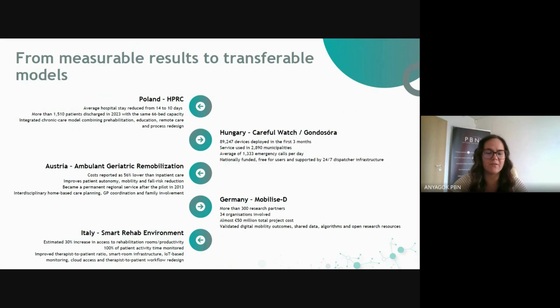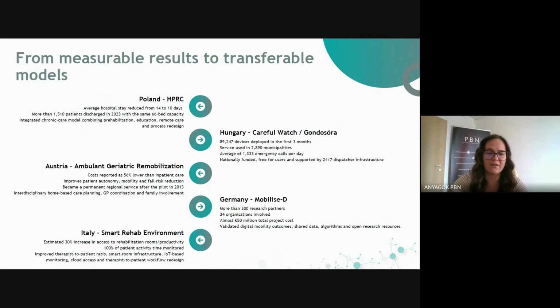From Poland, I would highlight HPRC, which shows that redesigning the care pathways can improve both care quality and service capacity. The average hospital stay was reduced from 14 to 10 days, and more than 1,510 patients were discharged in 2023 with the same 66 beds.